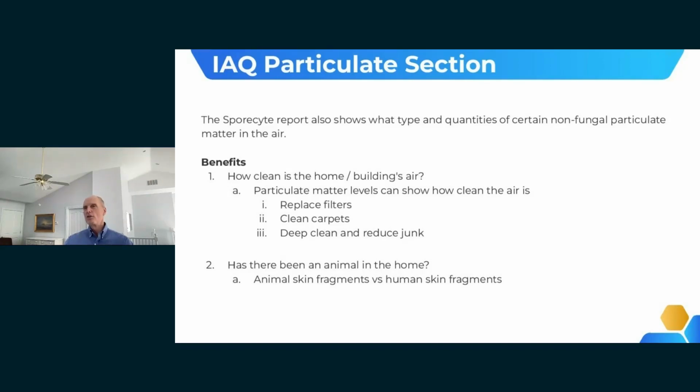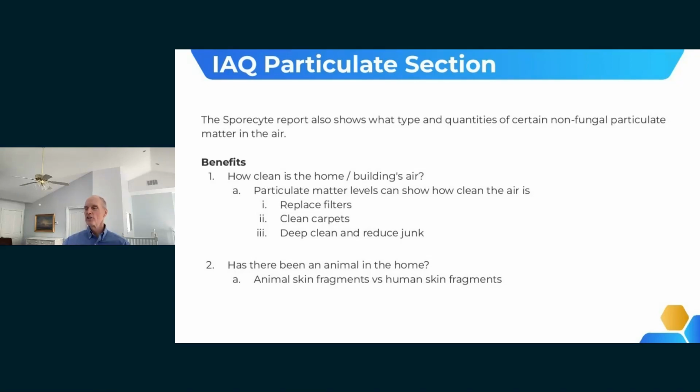And the home buyer might want to say, hey, I want the filters replaced or carpets cleaned. And sometimes we just find a lot of junk in the air, not necessarily mold, but just a ton of junk. And you'll see a couple of those in a minute. One with a ton of mold. Well, they both have mold, but just a ton of junk in the air. It's great to clean the house and to clean that air.